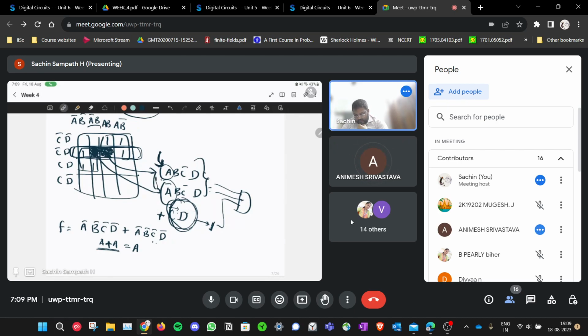When your input lies in these two blocks, but suppose your input turned this cell high, then there's no problem. Or suppose it turned this cell high, then there's no problem. There won't be a hazard anyway. Did you understand?